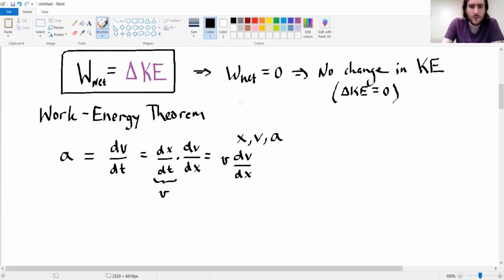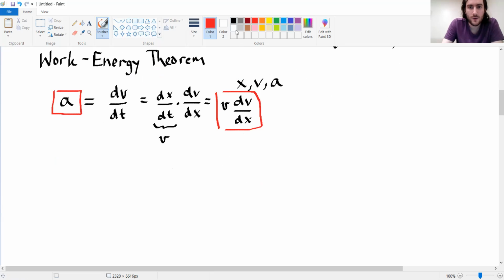The next thing to do, okay, we have this is our right-hand side, and this is our left-hand side. If I take the two sides and multiply by the mass, on the left side, I have a force.